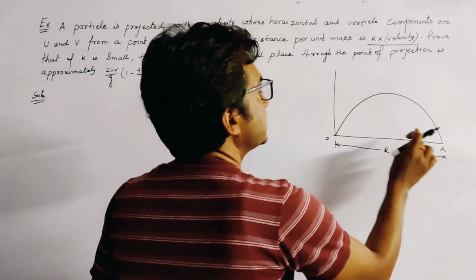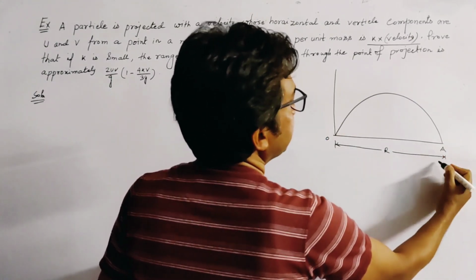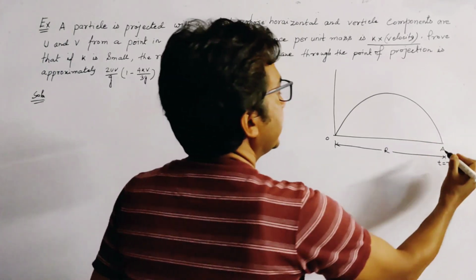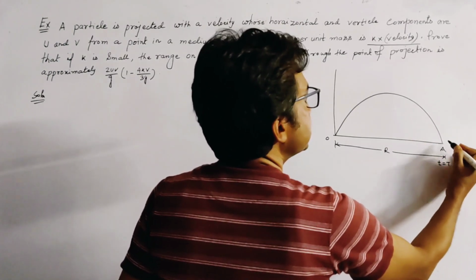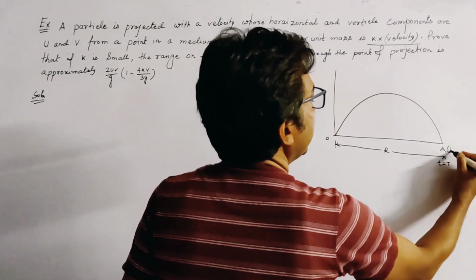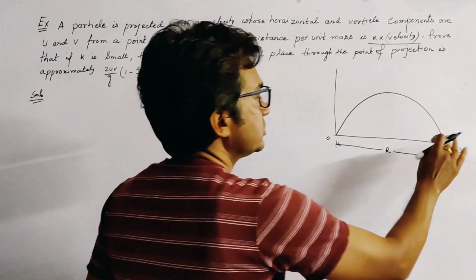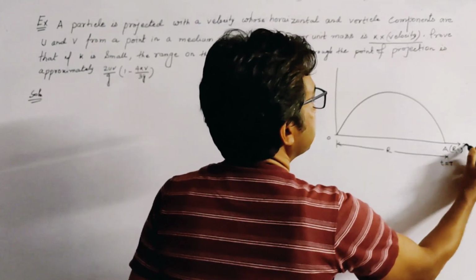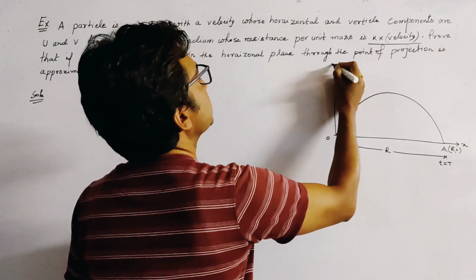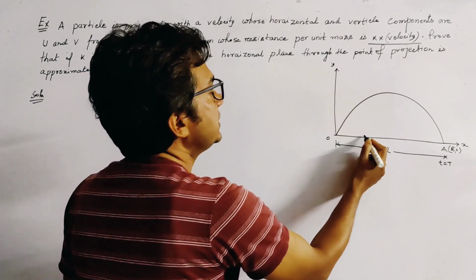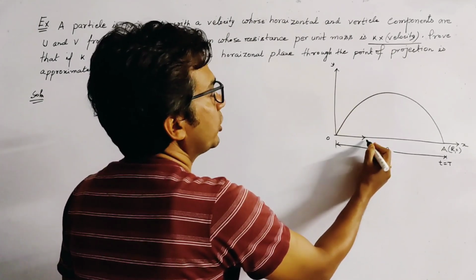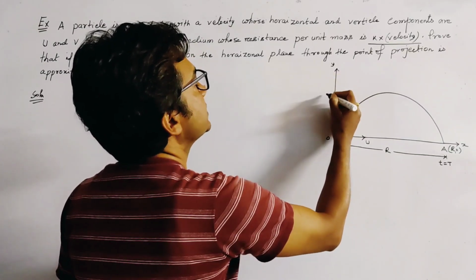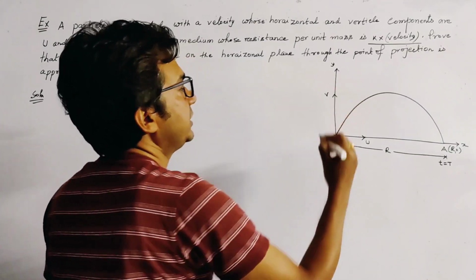Let the particle strike at A at time t equal to capital T. The coordinate of A is (R, 0), because it is on the x-axis. The initial velocity component along x is u, and along y is v.